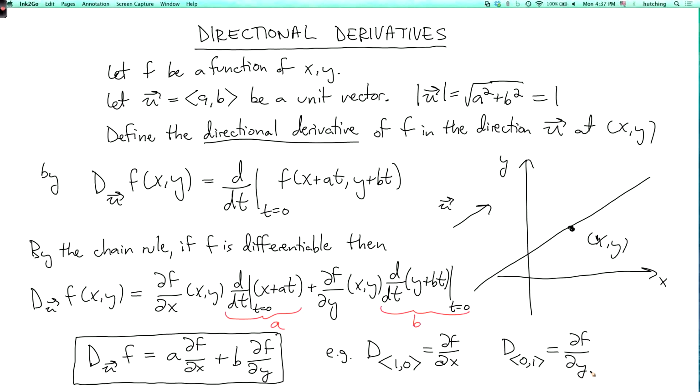So as we know, the partial derivatives with respect to x and y measure the rate at which f changes as you move in the x direction or the y direction. But the more general directional derivatives allow you to measure the rate at which f changes as you move in any direction, although by this formula you just get linear combinations of the partial derivatives with respect to x and y.